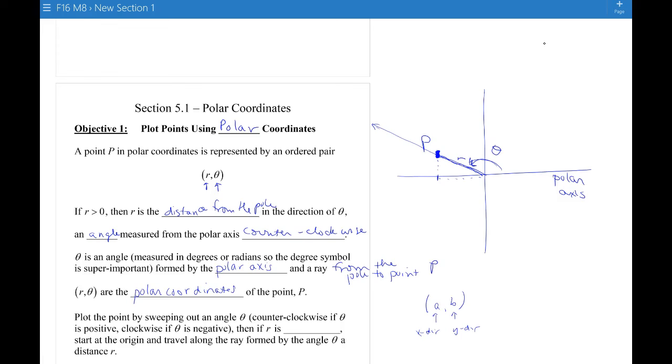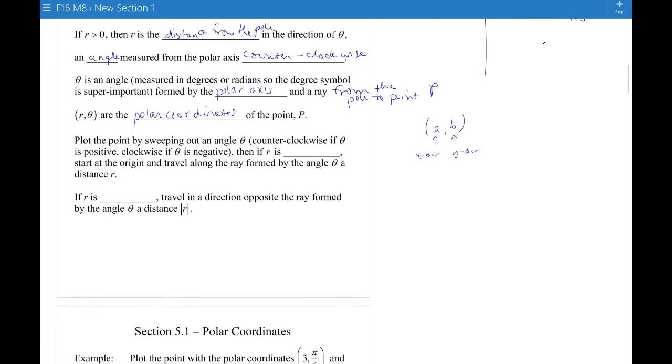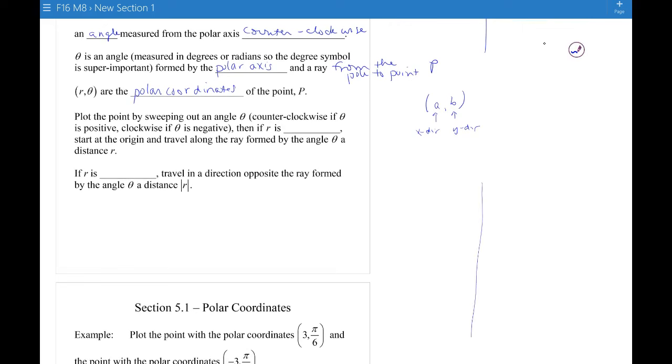So if you're asked to plot a point in polar coordinates, you're going to sweep out the angle θ counterclockwise if θ is positive, and clockwise if θ is negative, same as our convention has been. Then, this is a little tricky.